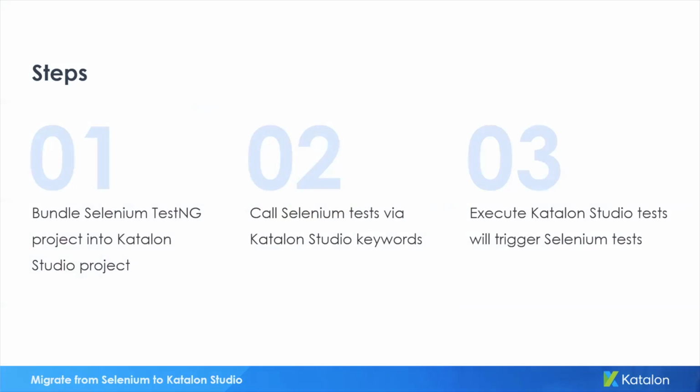It may sound cumbersome, but we made quite a straightforward way to do the migration from Selenium TestNG to Katalon Studio. It can broadly be divided into a three-step process.